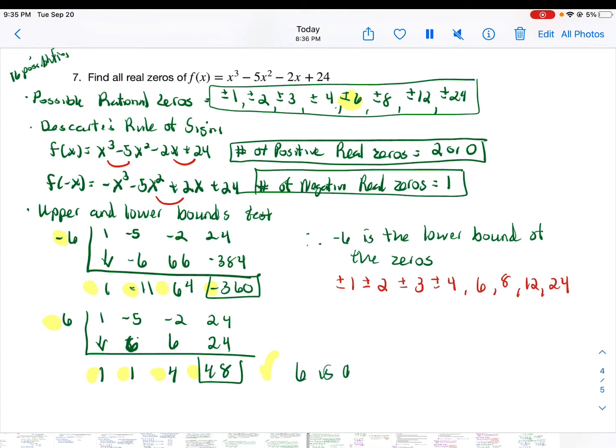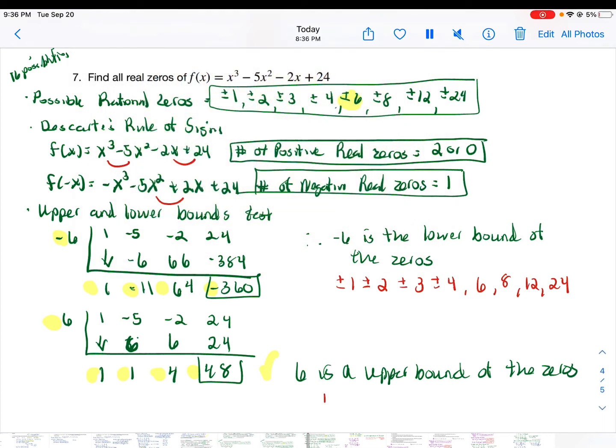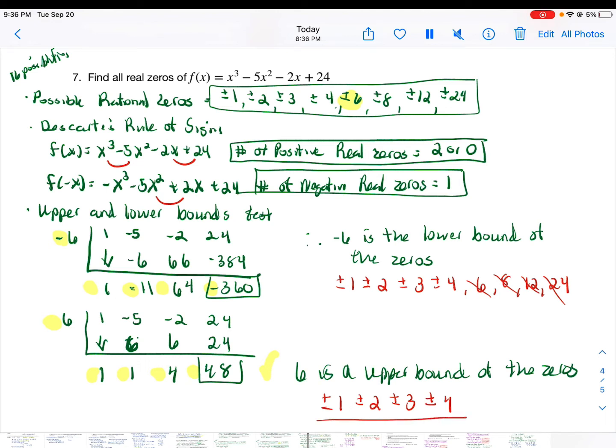So that tells me 6 is the upper bound for these possible rational zeros. Obviously 6 is not a zero because I didn't get a remainder of 0. So I can eliminate 6, 8, 12, and 24. I've now narrowed down my possibilities to these 8 possibles. I've taken away half of my zeros by doing 2 little synthetic divisions.